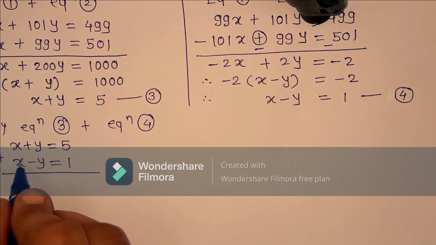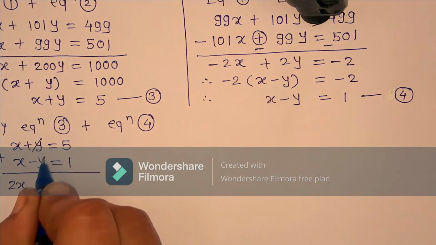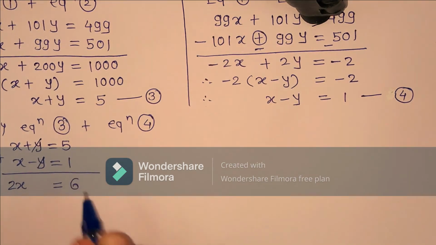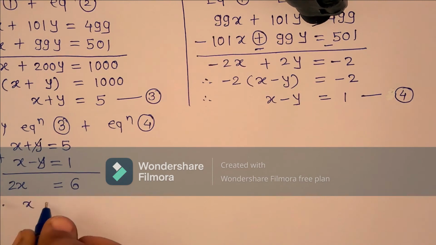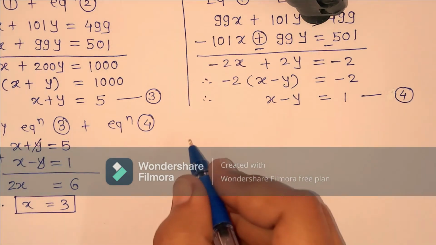So x plus x, 2x, plus y minus y will get cancelled, is equal to 5 plus 1, it is 6. Means what? 2x is equal to 6. That means x is equal to 3. So here we have got the first variable's value.